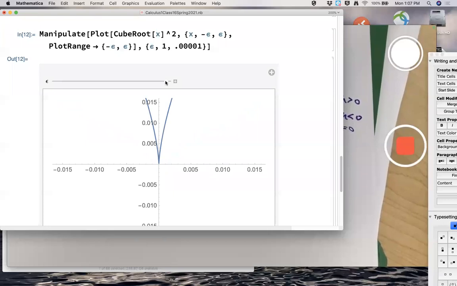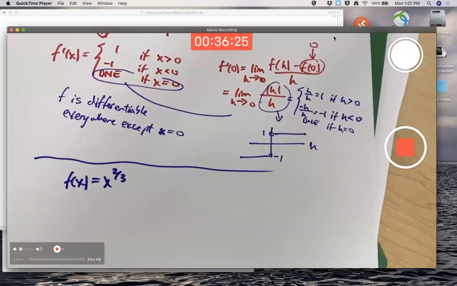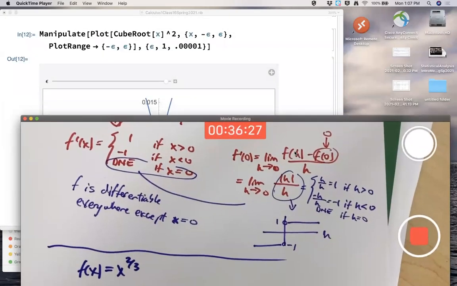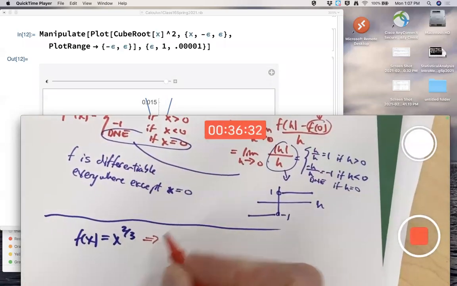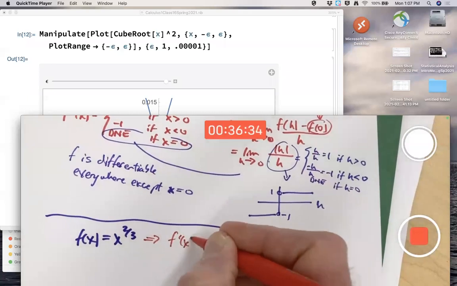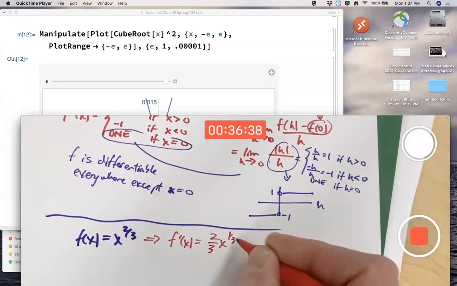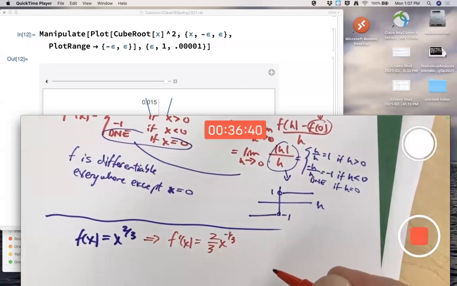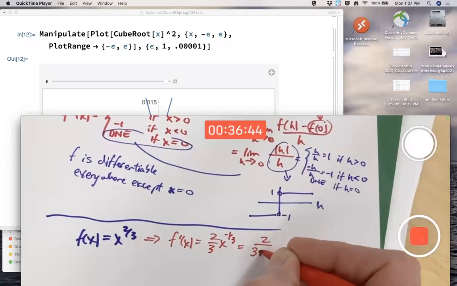So this function also fails to be differentiable at 0, which is maybe not so surprising, because if you use the power rule to find its derivative, you get 2/3 x to the -1/3. 2/3 minus 1 is -1/3, which is the same as 2/3 times 1 over the cube root of x.